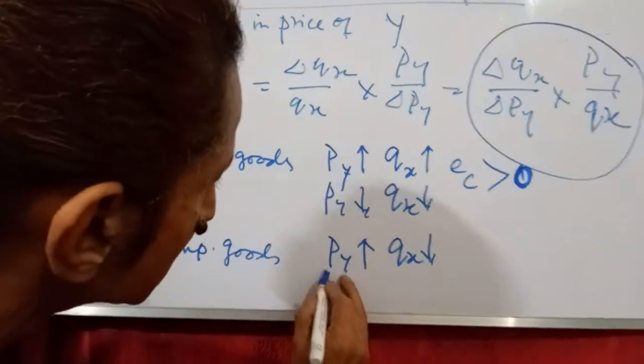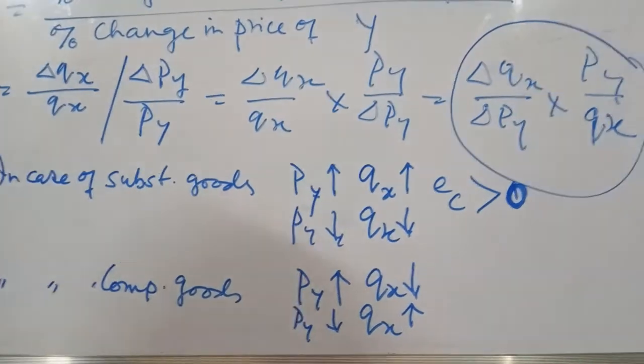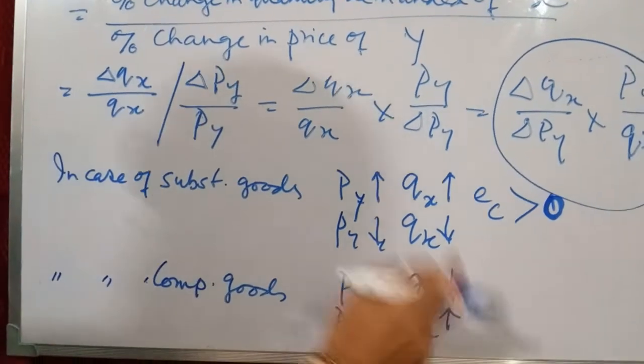And if Py falls, price of Y falls, Qx increases, that is, if price of petrol falls, quantity demanded of car will increase.